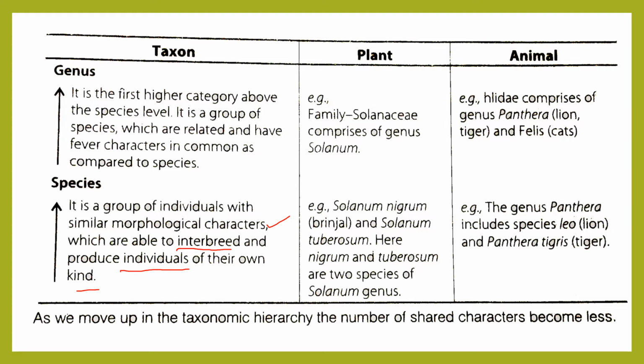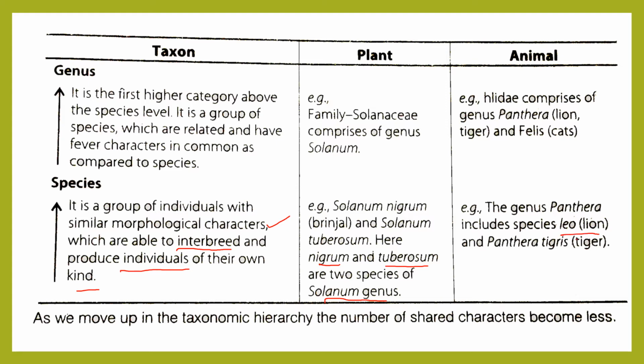It's the scientific, botanical name for brinjal. And Solanum tuberosum is the botanical name for potato. Here nigrum and tuberosum are the species of a similar genus, Solanum. So species names are nigrum and tuberosum. When you talk about animals, the genus Panthera includes the species leo.